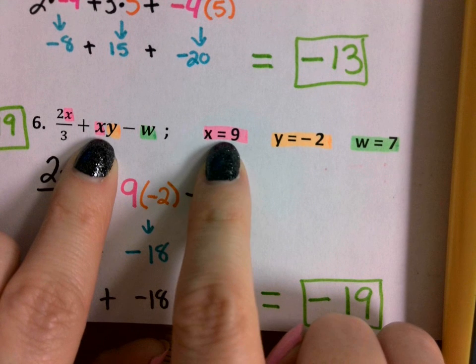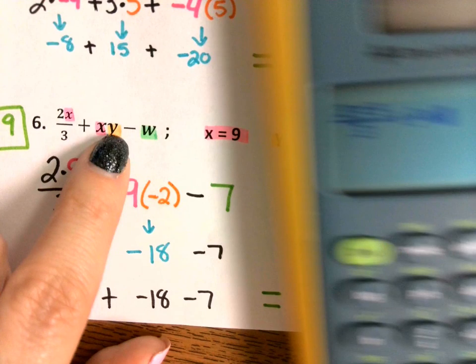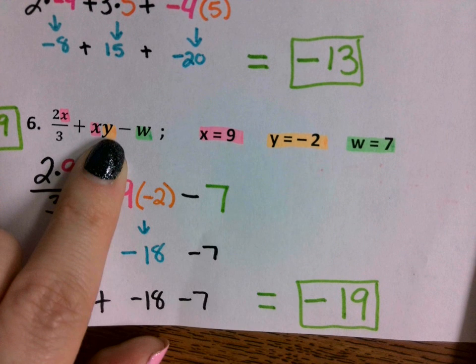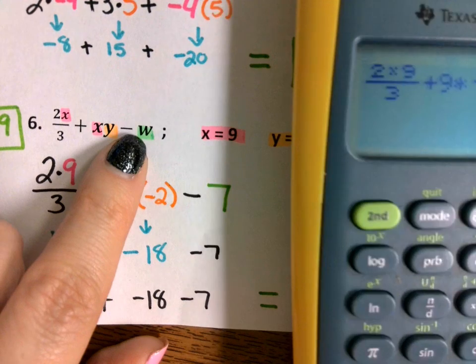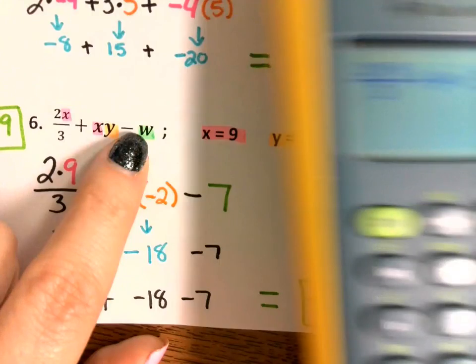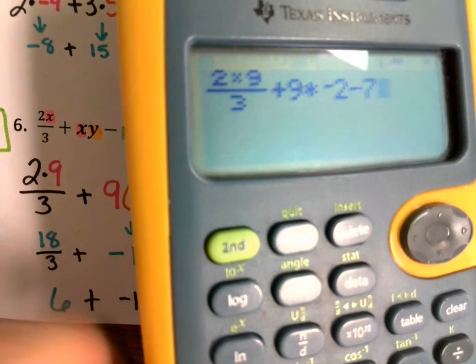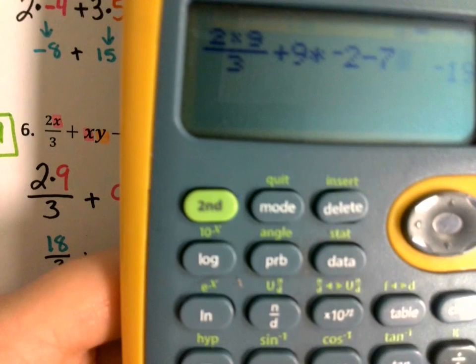I'm going to put times, what's the y? Negative 2. So we're going to type a negative 2 into there. And then we're going to have a minus. And what's the w? 7. So we're going to type a 7. You're just going to go little by little, go down the whole thing and replace them in and hit enter. There's your negative 19.